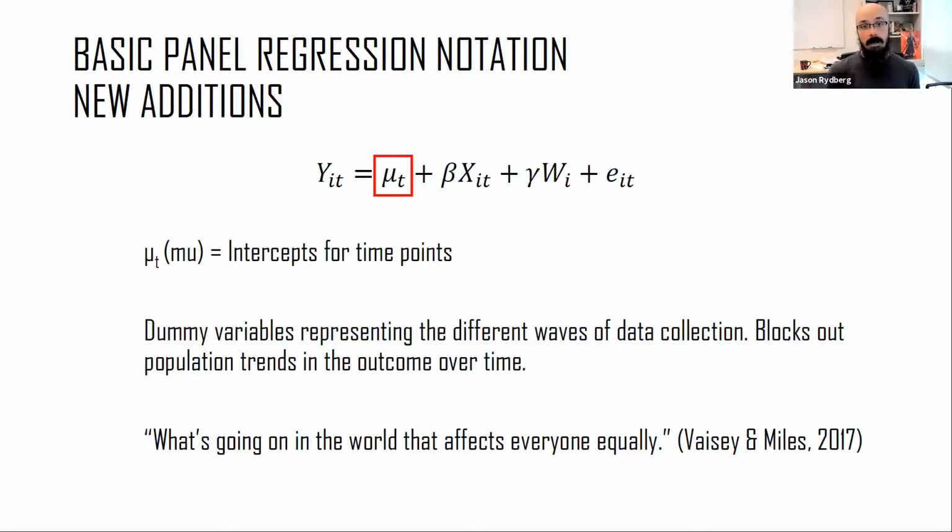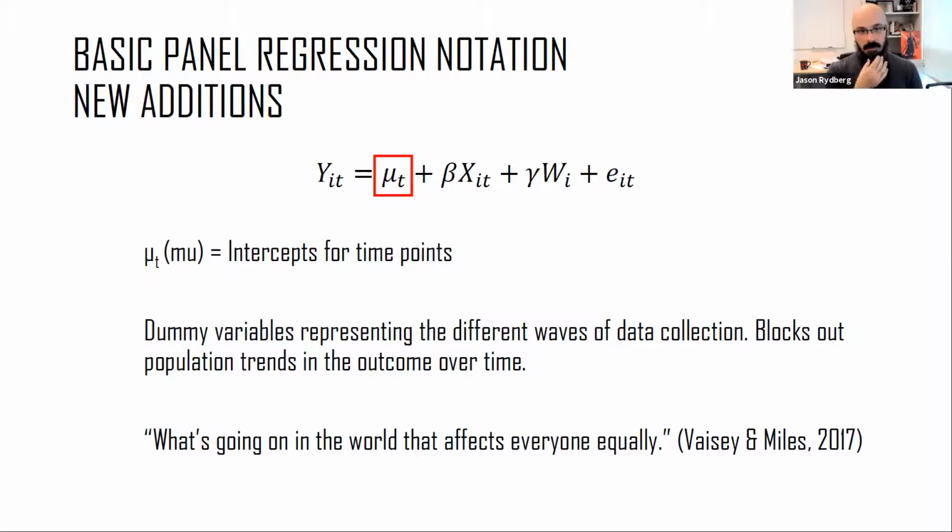So even though time might have values of 1, 2, 3, 4, 5, for each interview that the youth does, let's make that a categorical variable. What this would do is essentially estimate separate means for the outcome at each of those different time points. So we'll call this mu sub t. Basically, the mean of Y, but notice it's just sub t, so it has a unique value for each estimated time point.